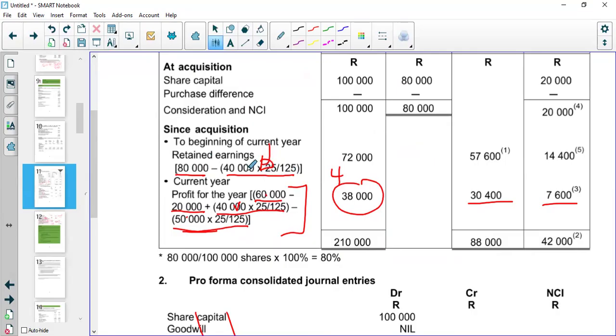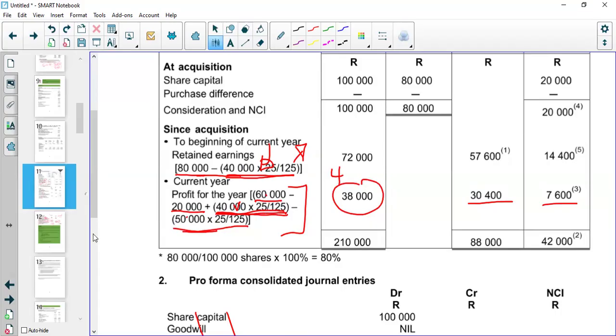So let's subtract that amount from last year's retained earnings, and let's include it now in the current year profit. So we're subtracting 40,000 times 25 over 125 from last year's records because it was not yet realized then. And now we include it during the current year because it has been realized.